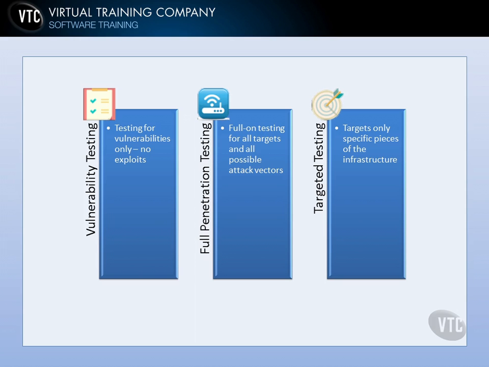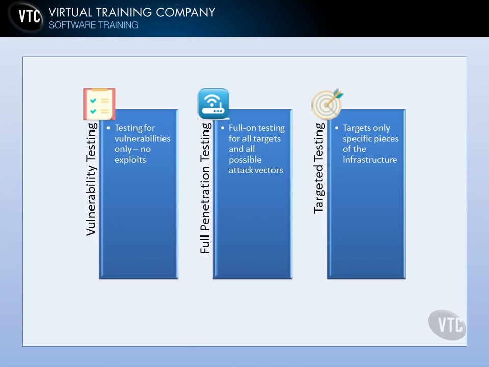Now, obviously, a vulnerability test is at one end of the spectrum and a full penetration test is at the other. So is there a happy middle? Well, yes, there is. That's called targeted testing. And targeted testing only targets specific pieces of the infrastructure. And this is usually by convention or by agreement between the penetration tester and the organization being tested. For example, they may want only a network scan and for the ethical hackers to try to get through the network perimeter, like the firewall or something.